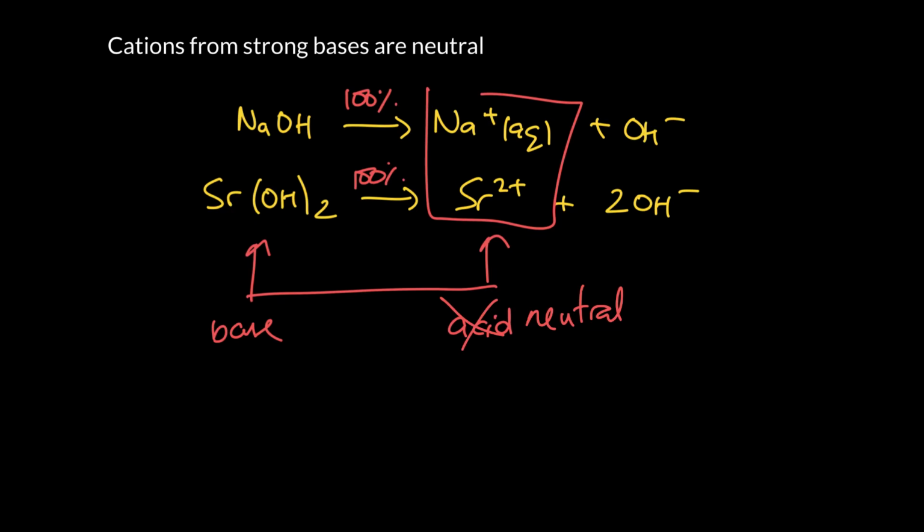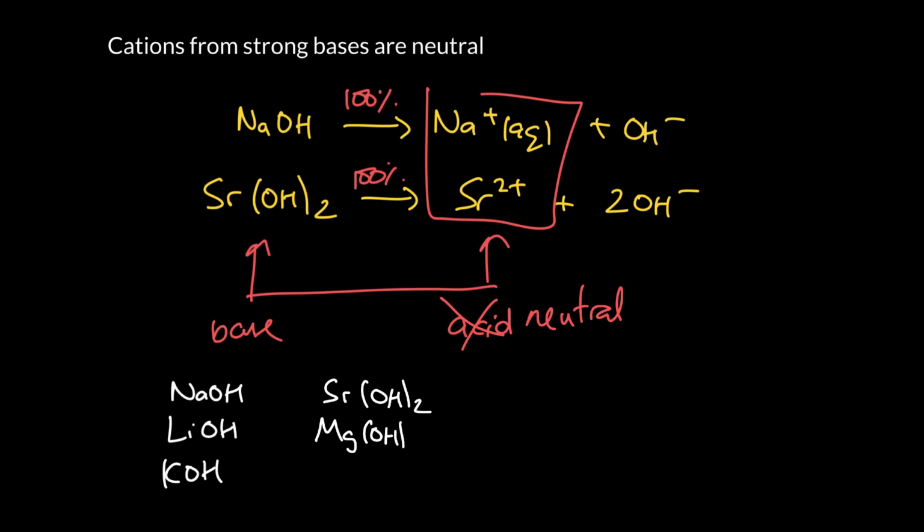So what are our strong bases again? Things like sodium hydroxide, lithium hydroxide, potassium hydroxide, and in group 2, things like strontium hydroxide, magnesium hydroxide, and calcium hydroxide. Okay, some of these aren't very soluble, but if they are soluble, they definitely act as strong bases. So if those are strong bases, then they're all going to have those neutral ions.